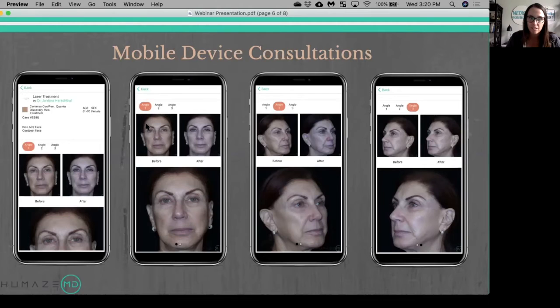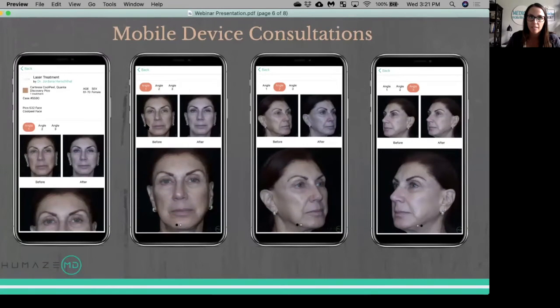Well, or even just looking at this one right here, it looks like this patient had 3 different treatments done. So maybe I'm coming in just because I want to know about a laser treatment, and then the before and after, actually that patient has had some other things that might pique my interest in those other things, because now I see this result.